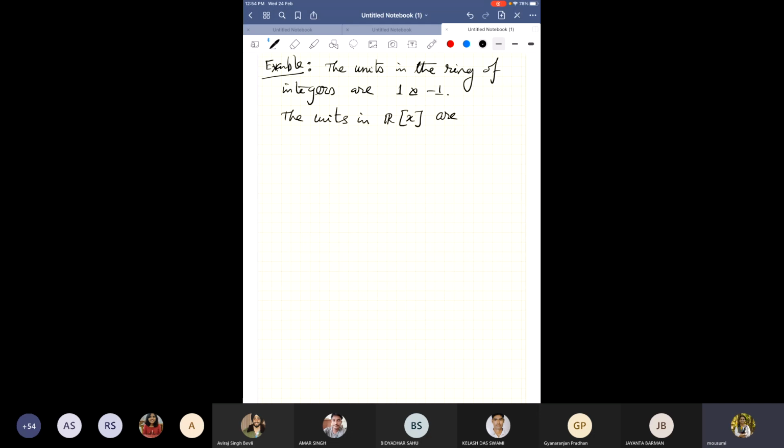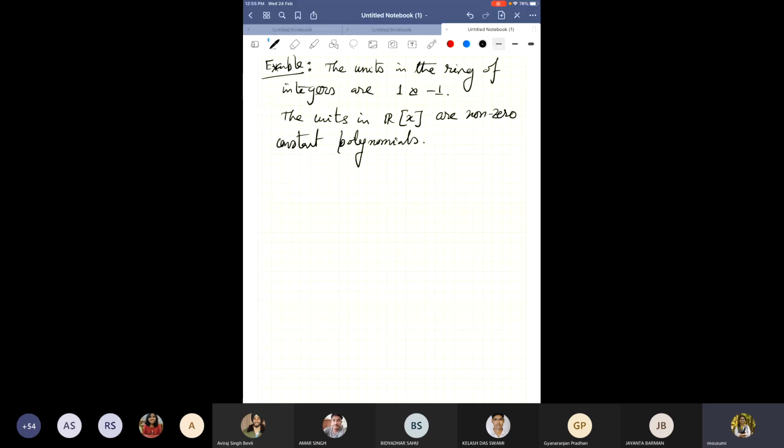If you consider any linear or higher degree polynomial, you cannot get another polynomial such that it will give you the identity, right? So the units of R[x] are the non-zero constant polynomials.